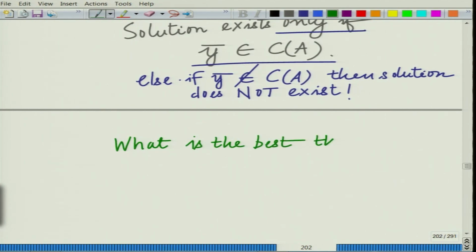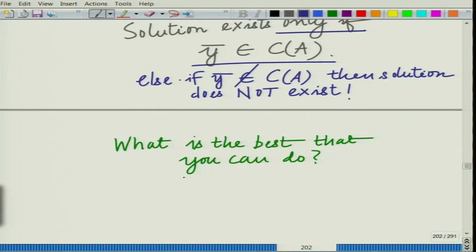What is the best that we can do? Fine, you cannot find the exact solution y bar equals A x bar. That does not mean you have to give up. The best that you can do is find an x bar such that y bar is approximately equal to A x bar.